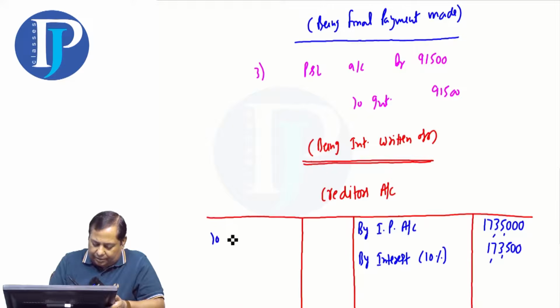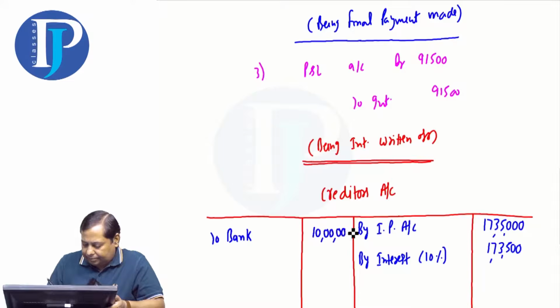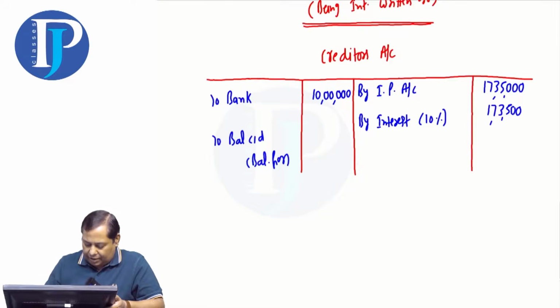Then I will write to bank 10 lakh rupees, to balance CD. This will be the balancing figure. This is our first year.